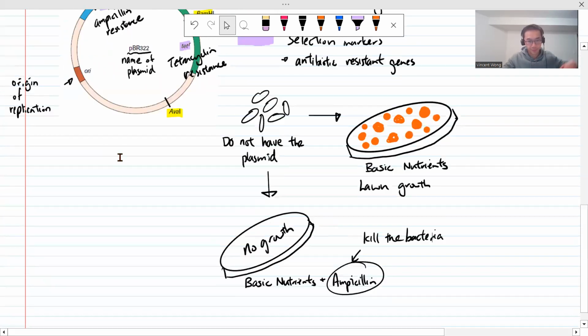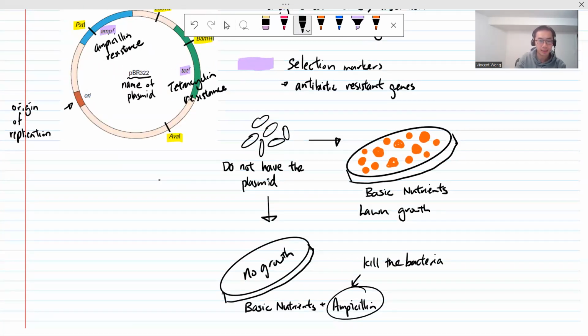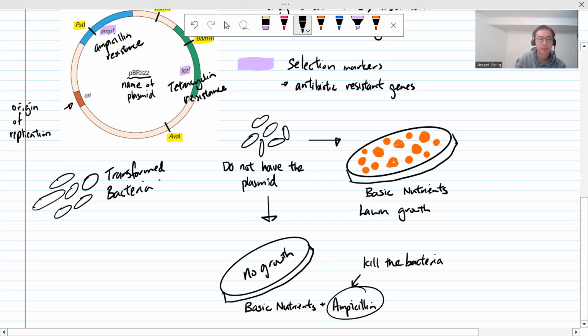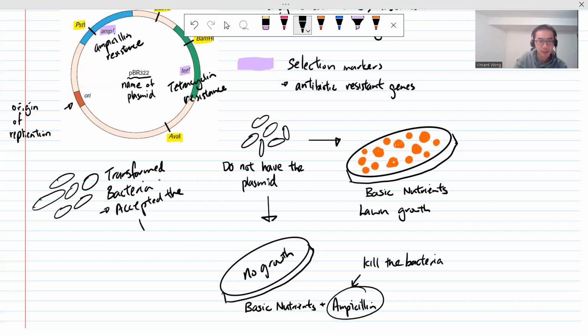All right. Let's take a look at the other bacteria right here. We have another group. Let's say they have accepted the plasmid. These are transformed bacteria, which means they have accepted the plasmid.